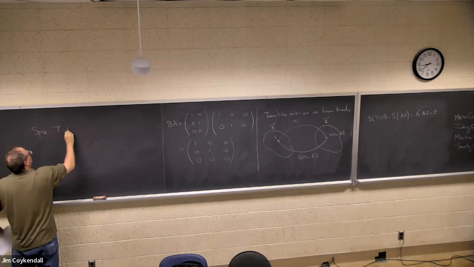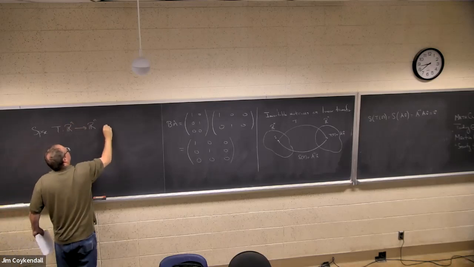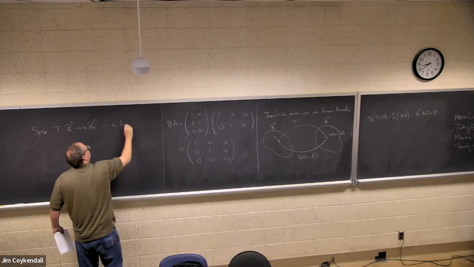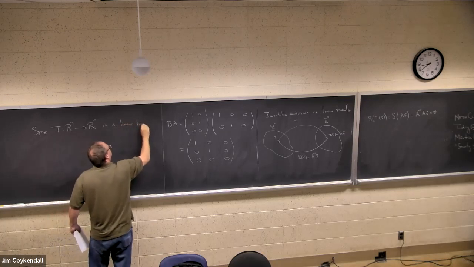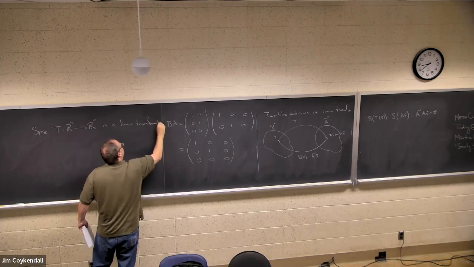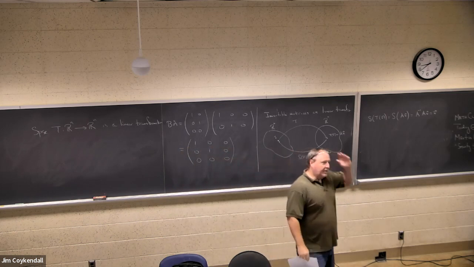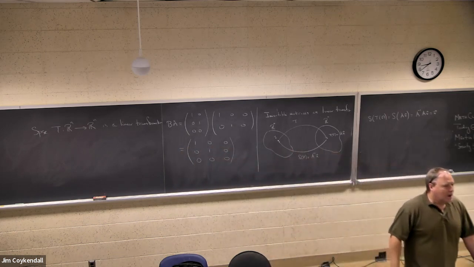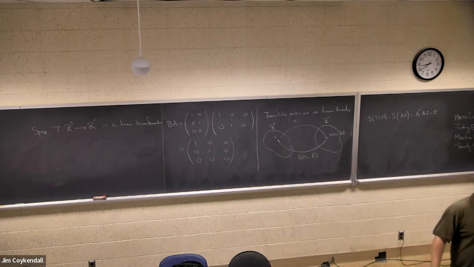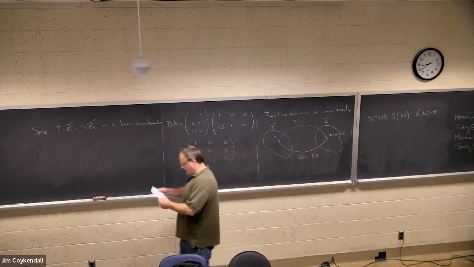Suppose T from Rn is a linear transformation. I'm putting this in the language of linear transformations because that's what we're focusing on right now. But you have probably seen this maybe in calculus or even pre-calculus in terms of functions, and it's the same idea.